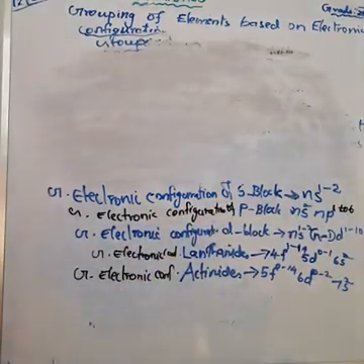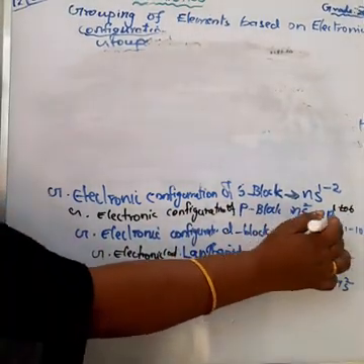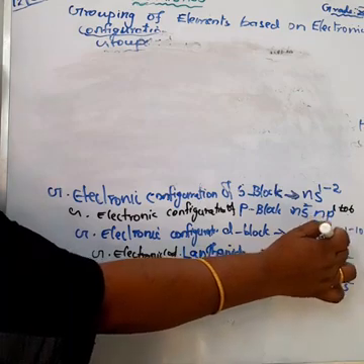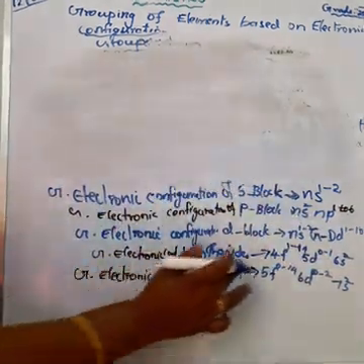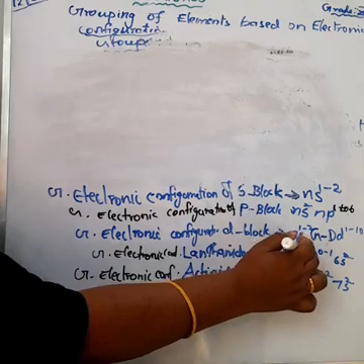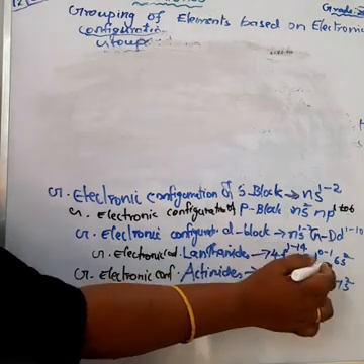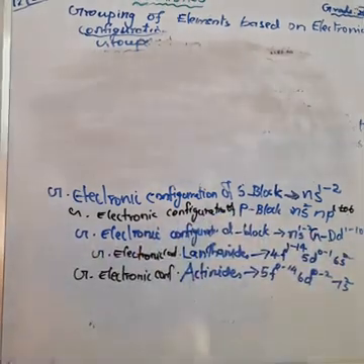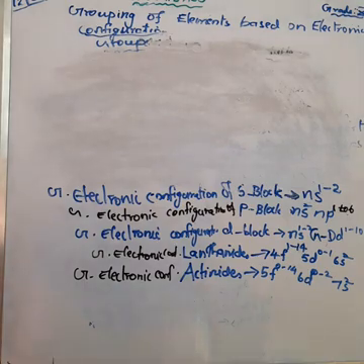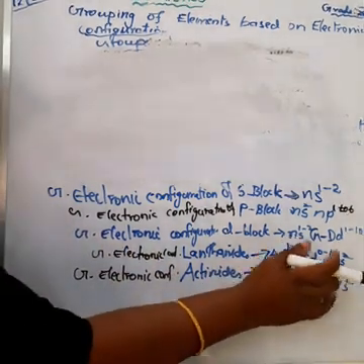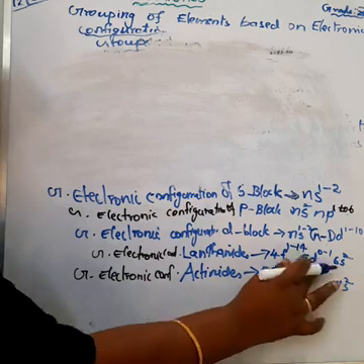For the lanthanides it is 4f1 to 14, 5d0 to 1 and 6s2, and for the actinides it is 5f0 to 14, 6d0 to 2 and 7s2. This is your assignment for today.